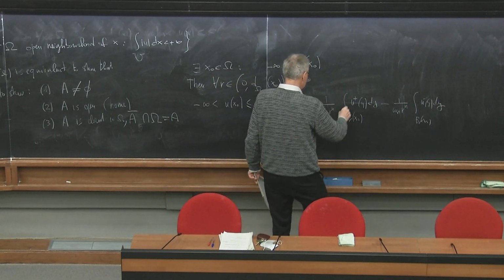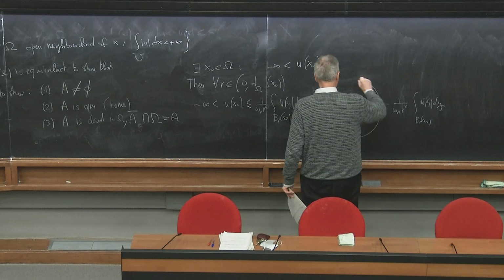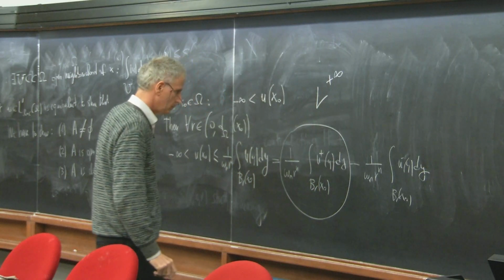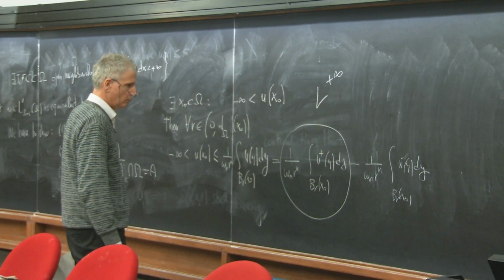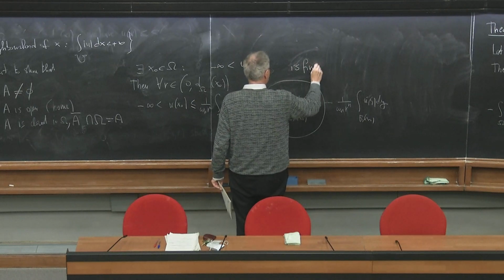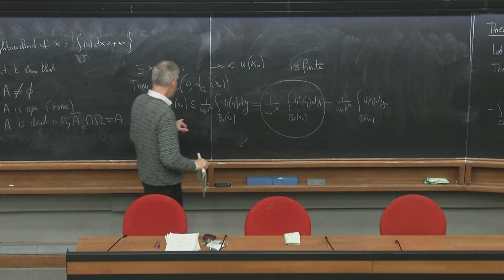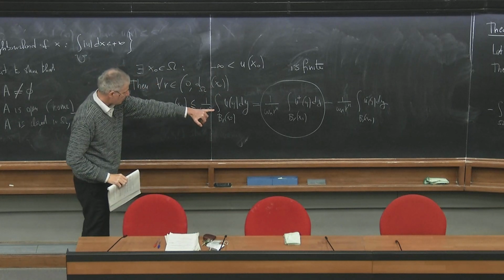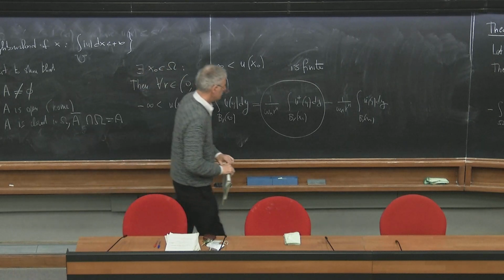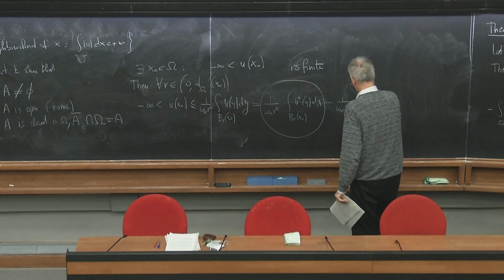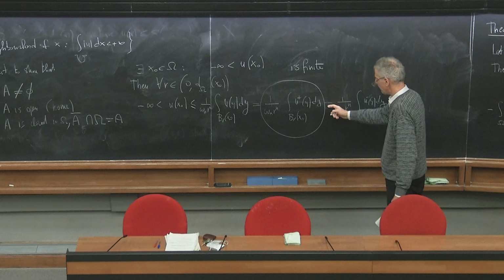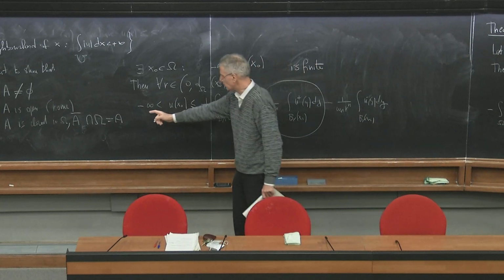So this is finite. And then this means that also that object must be finite, cannot be minus infinity. Because otherwise, if this is plus infinity, with the minus it is minus infinity, and we get a contradiction with this.